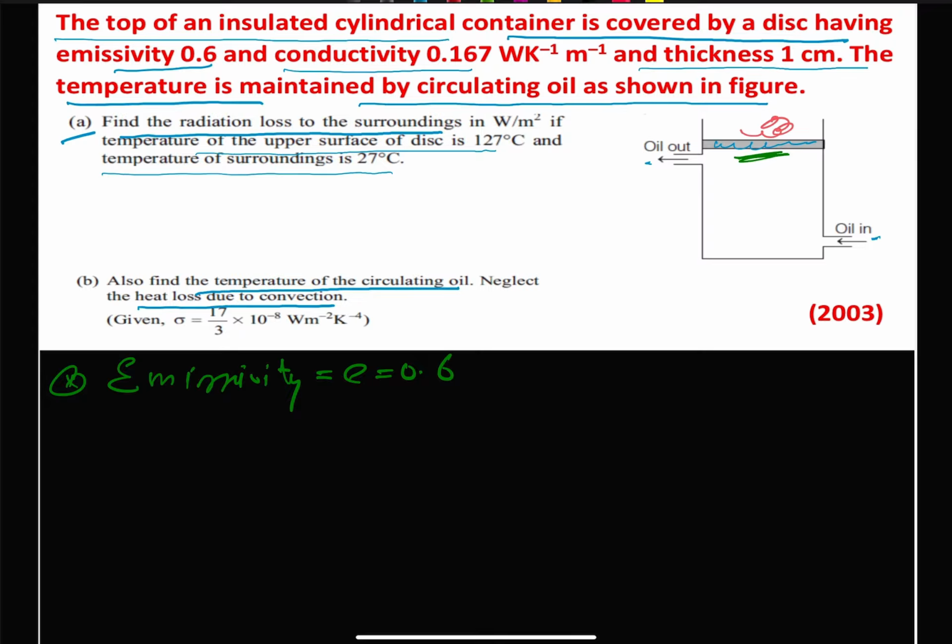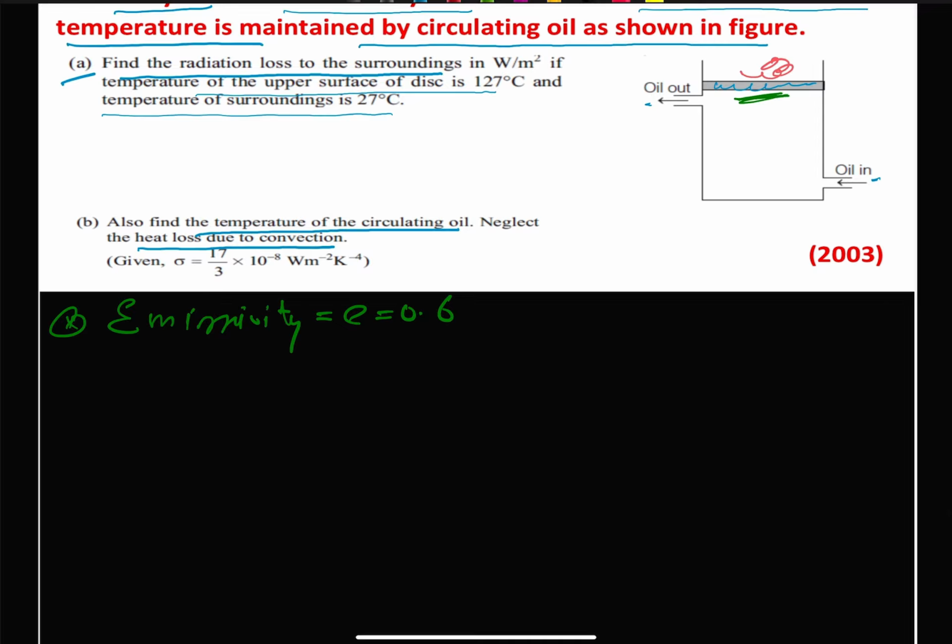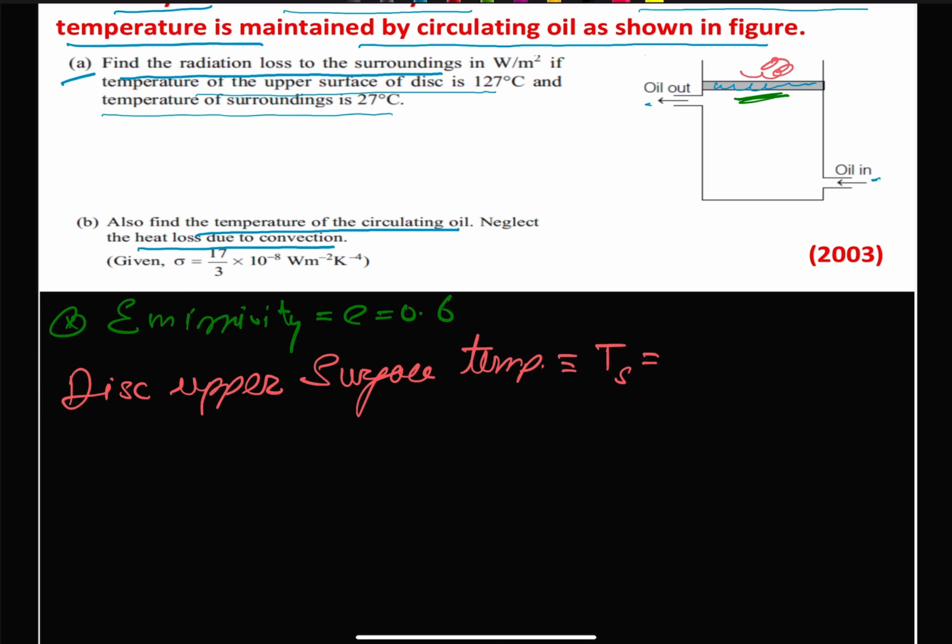So the disk upper surface temperature, let us call this TS, is 127 degrees centigrade, or about 400 Kelvin.